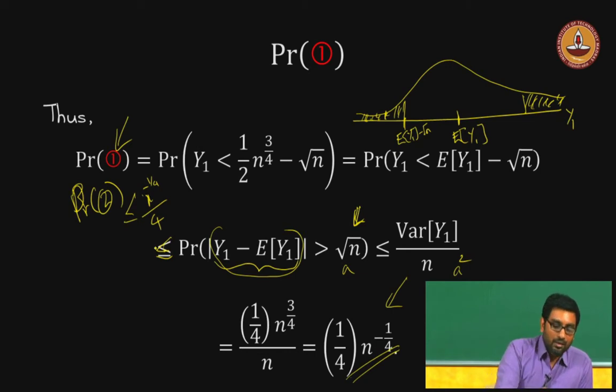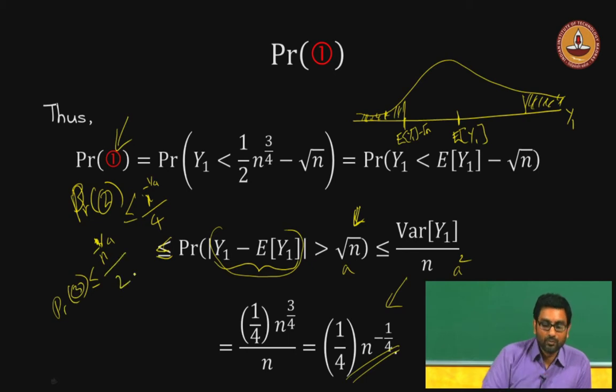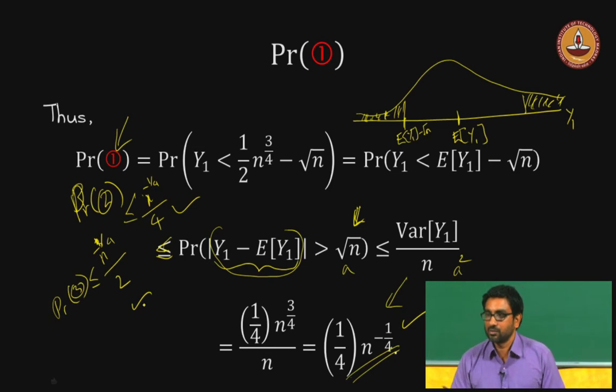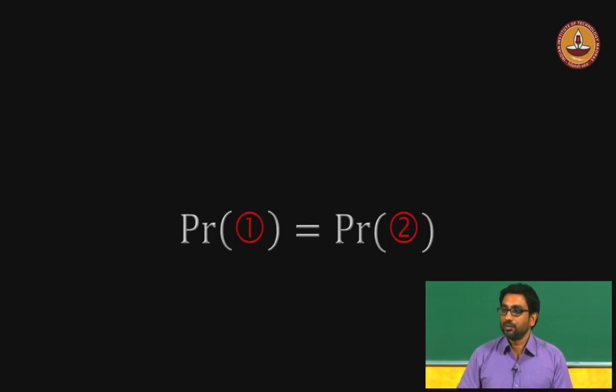Then we are going to show that the third event is less than or equal to n to the minus 1/4 divided by 2. When you add up these 4 probabilities, one here and one here, it adds up to n to the minus 1/4, and that is where we completed our analysis. So, the probability of the first bad event is equal to the second bad event, so we are going to skip the second bad event.